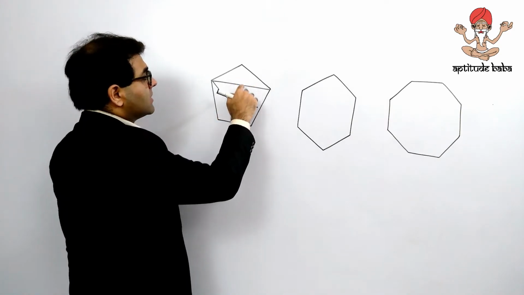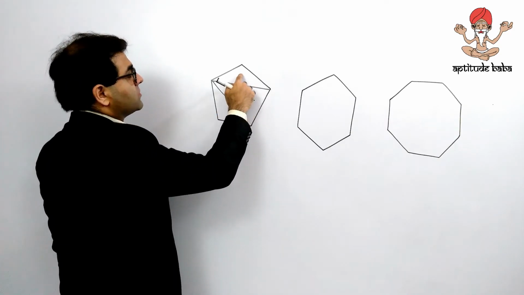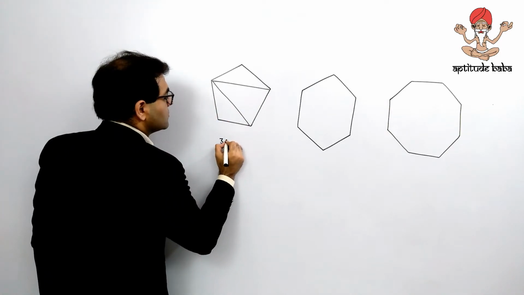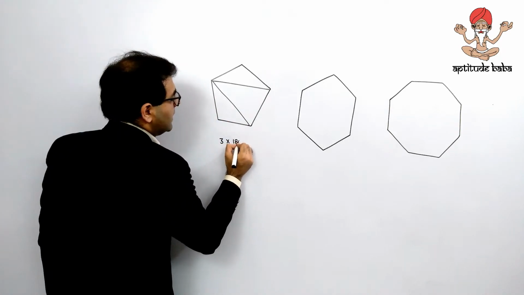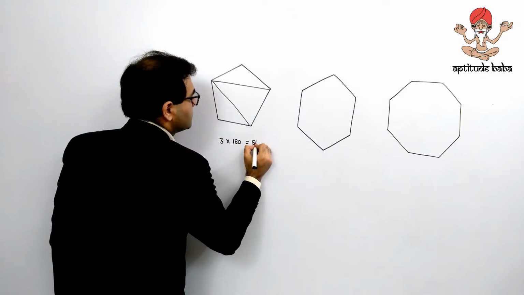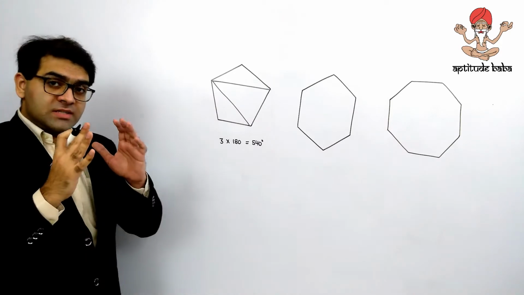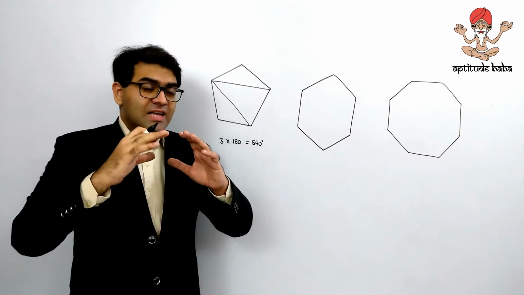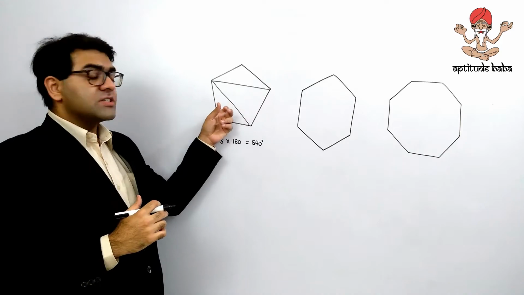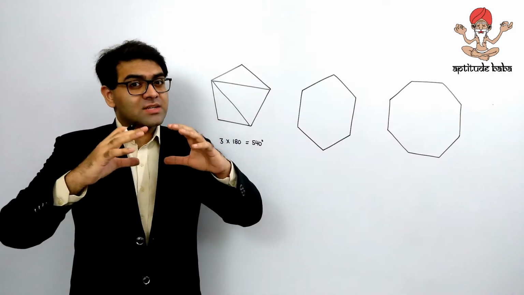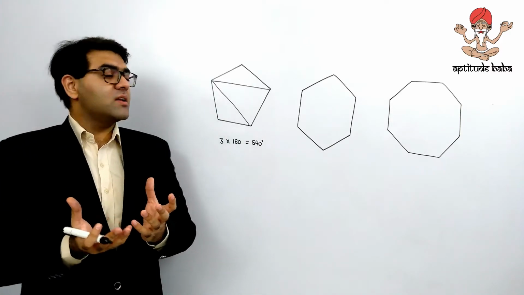So if a pentagon can be expressed as sum of 3 triangles, I can say that the sum of interior angles of a pentagon has to be 3 times 180, or perhaps 540 degrees. So what I've done here is that I've considered my pentagon as sum of 3 triangles, and if a pentagon is sum of 3 triangles, then the sum of all interior angles of the pentagon has to be 3 times 180.